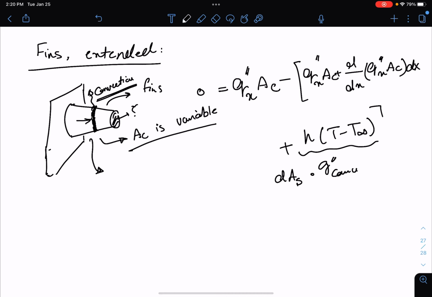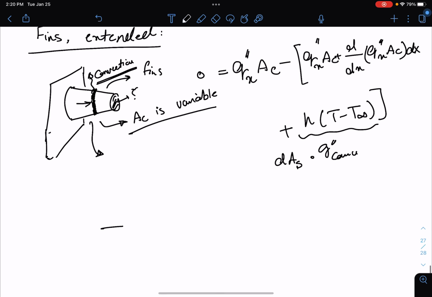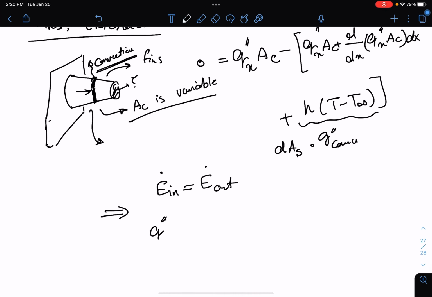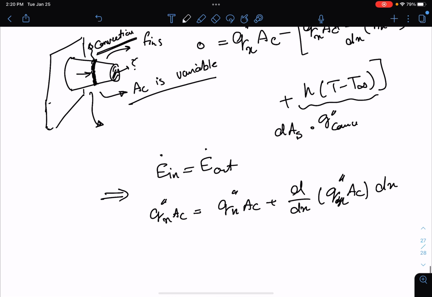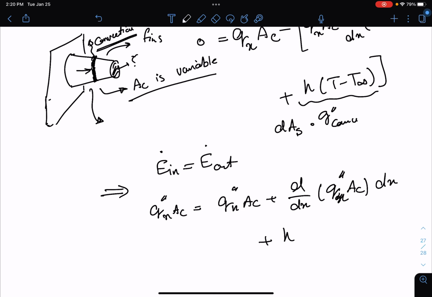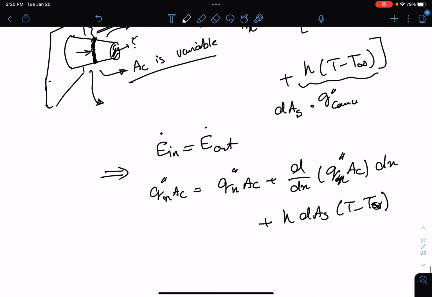So plus this. Your final equation is going to be E dot in equals E dot out, which is q double prime x Ac equals q double prime x Ac plus the changes based on the Taylor series. You remember this discussion. d/dx of Ac dx plus h dAs (T minus T infinity). Okay.